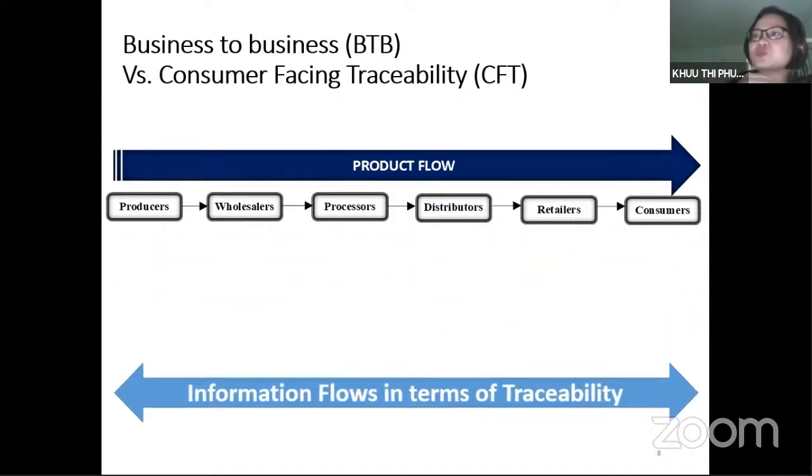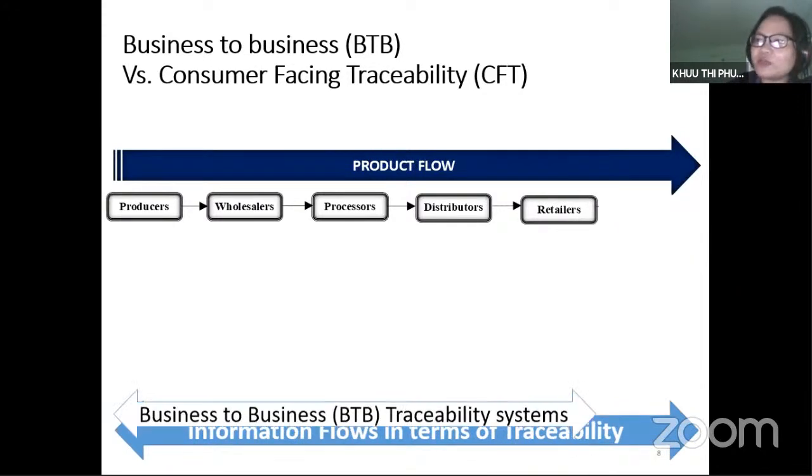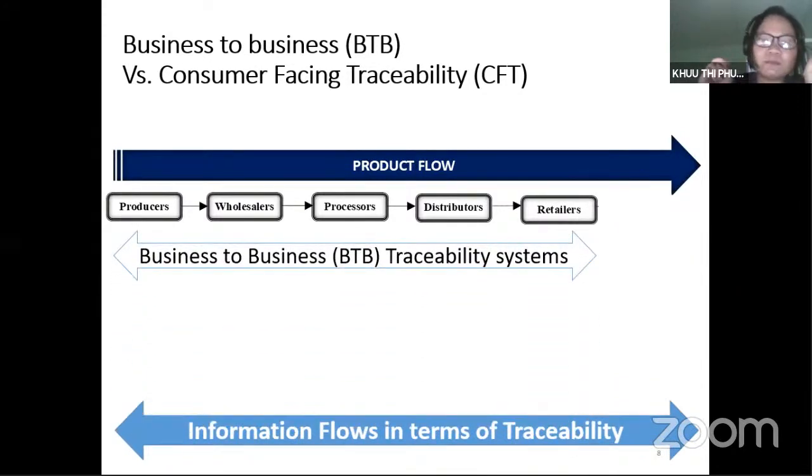And what is business to business? Business to business traceability is the system implemented by the producer side. It means that producers share their information to the wholesaler, the wholesaler shares to the processor, and so on. The main purpose of a business to business system is to focus on the cost and the profit of their business.